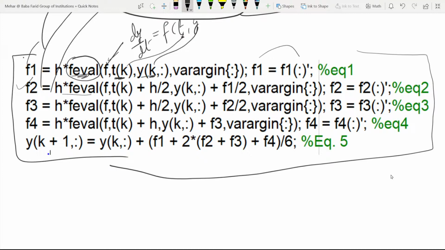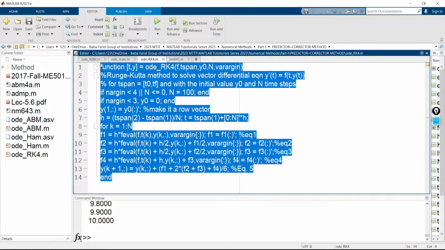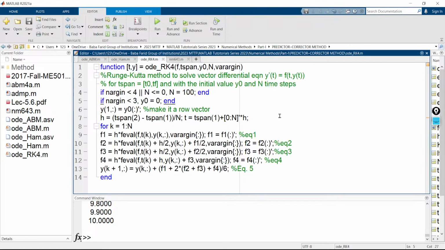Now come here. This is the complete MATLAB code. This method is complete. There is no error in this code. Your code must match with this code. Otherwise, if there is even a very small error, your program will not work properly.